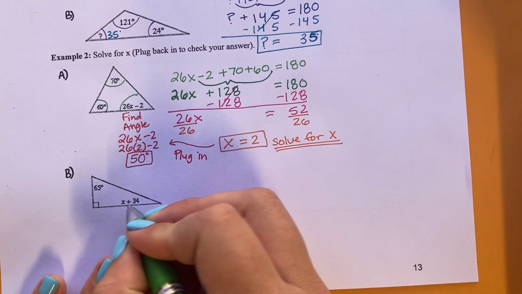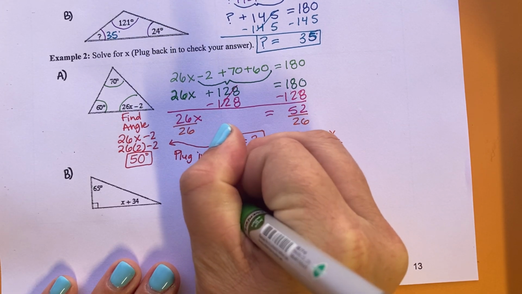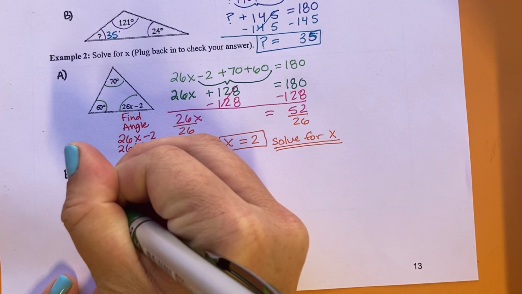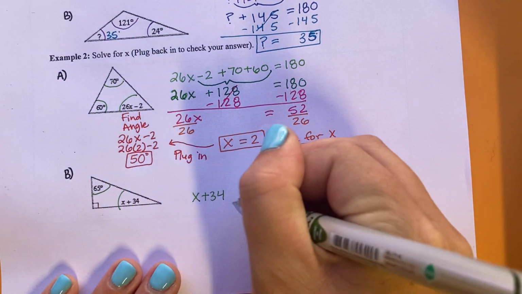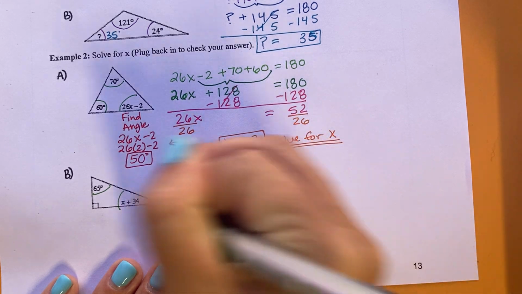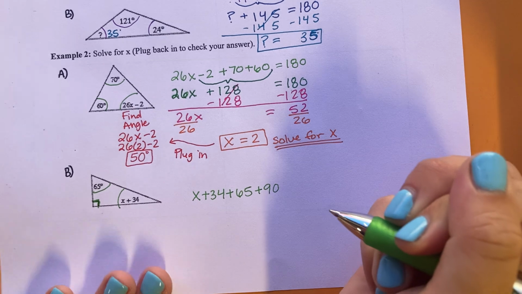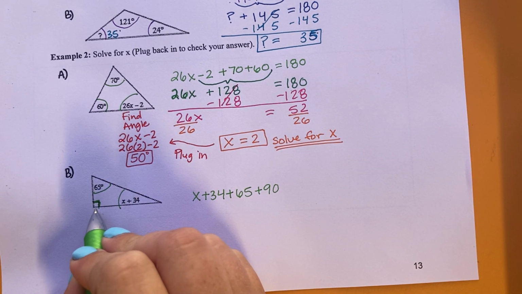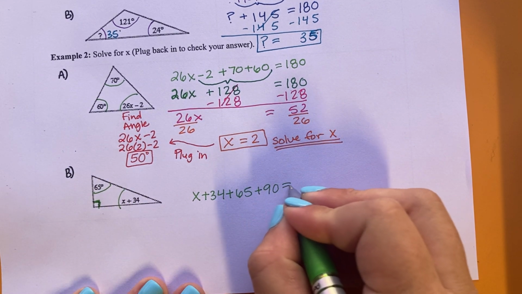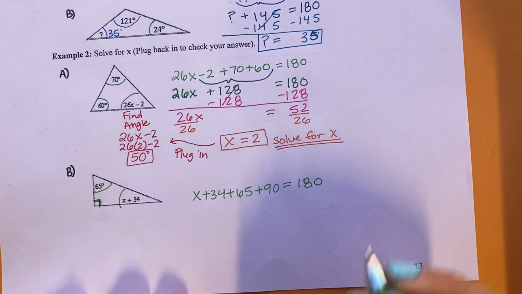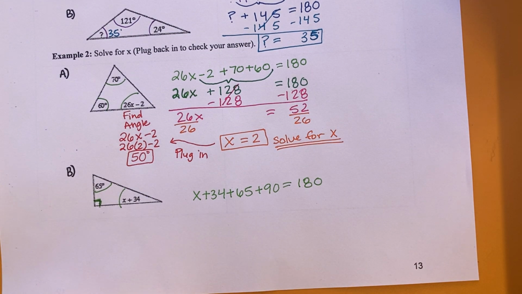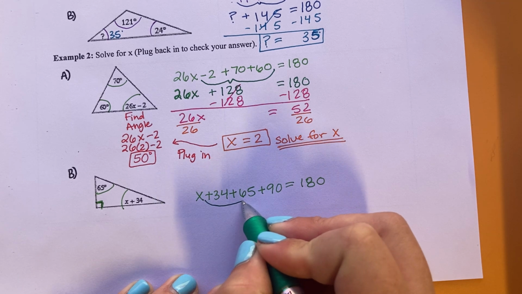Question B. We have an x plus 34. We have a 65. We have this little box. This little box is a 90, which means when I add these three up, they should equal 180. I combine like terms.